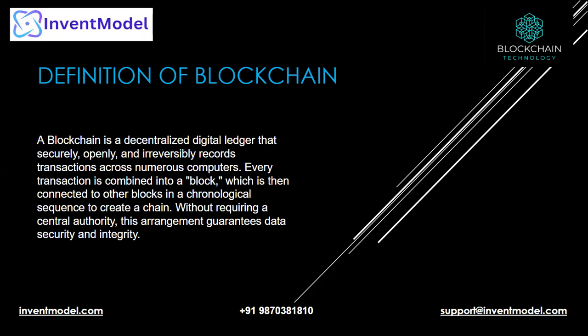Every record has a block. In every transaction, we create a block, and a block stores the data and the changes, which connects to other blocks in a chronological sequence to create a chain. It means one block is connected to the second, the second is connected to the third, and the third is connected to the fourth. This is called a chronological sequence, which creates a chain without requiring any central authority.